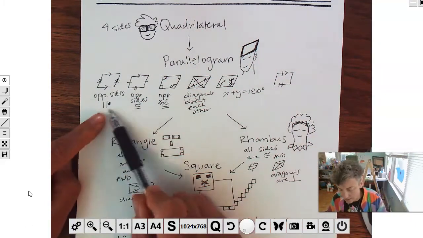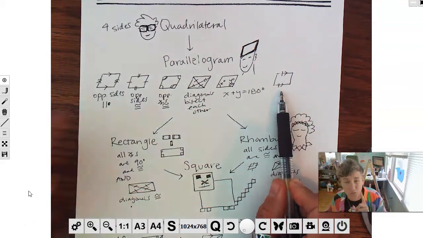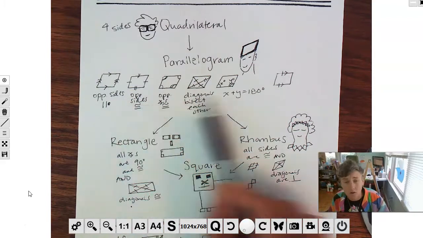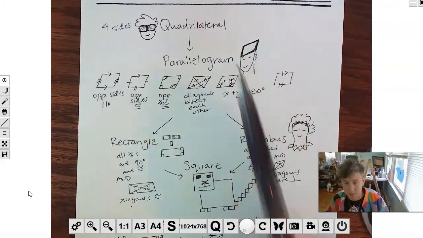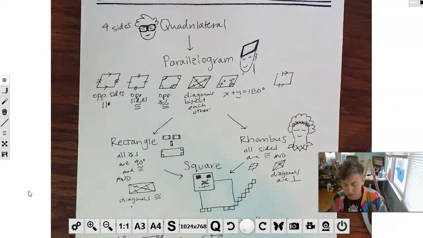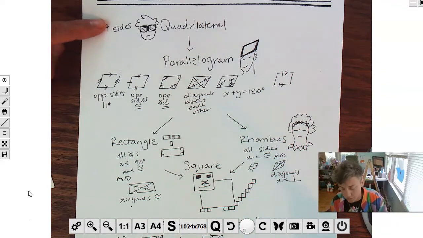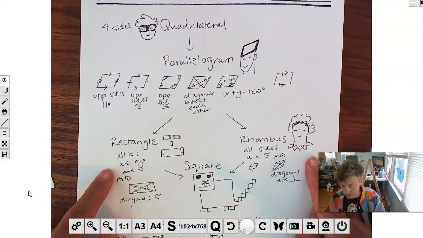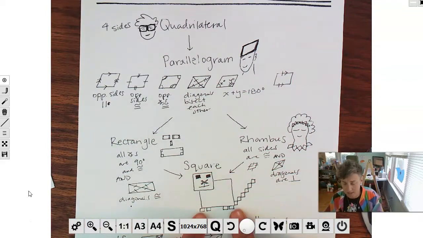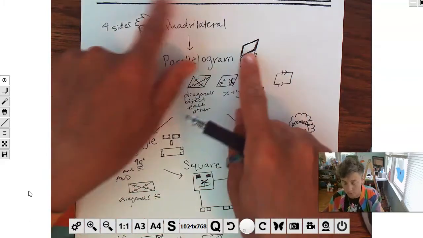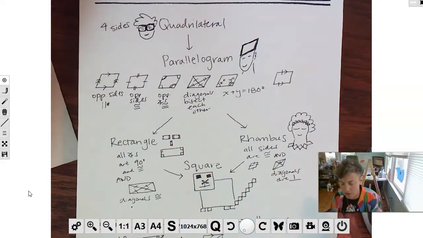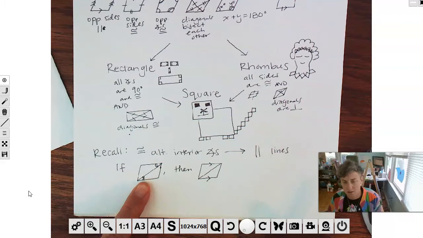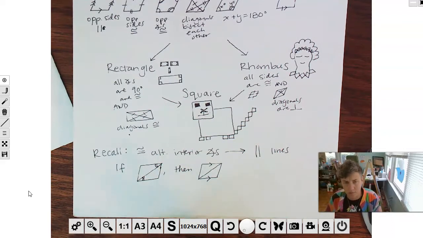So if any of these 6 things are true, just one of them, then they're all true, and the shape is a parallelogram. So remember, every generation gives all of its properties to the next generation. The 2 kids take care of the cat, which has all of these properties. And should you ever see congruent alternate interior angles, then you've got some parallel lines to work with.